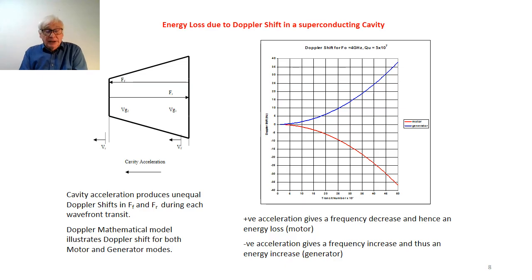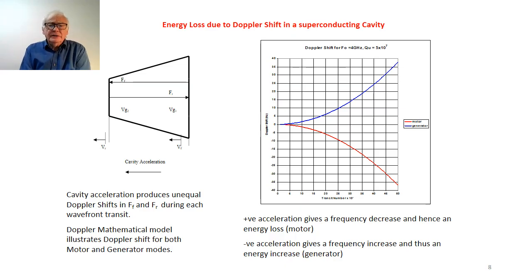And this can be calculated, and there's a mathematical model for the Doppler shift which we did, and the results of that are shown in the plot on the right of the slide. Now here we're plotting the actual Doppler shift in hertz of a 4 gigahertz cavity with a Q of 5 by 10 to the 7. So this is what we call a second generation superconducting cavity.